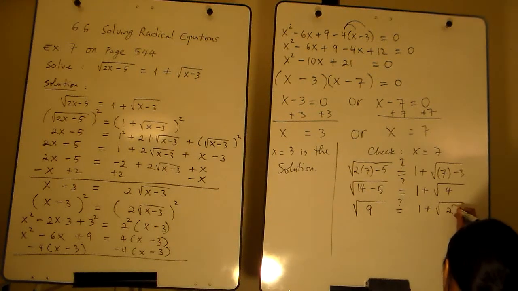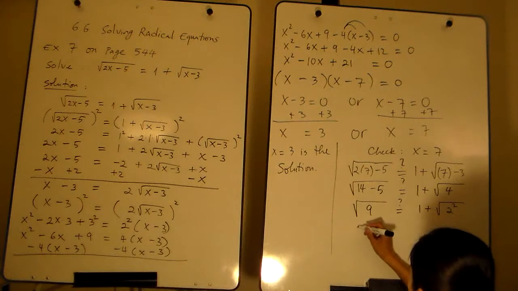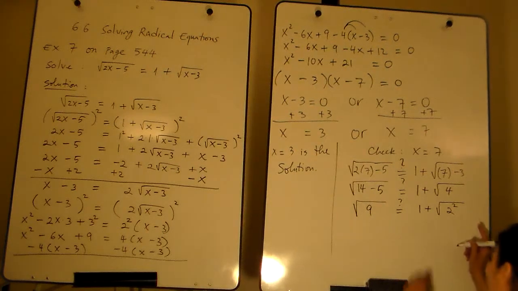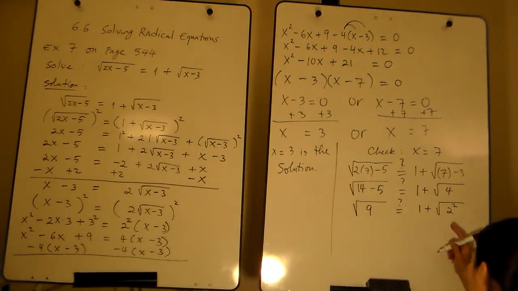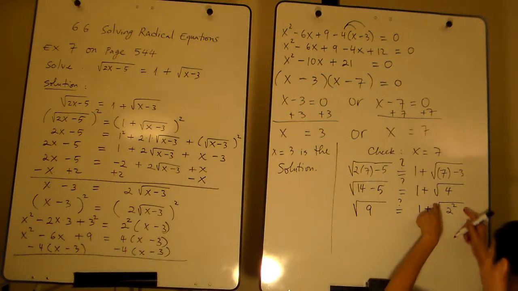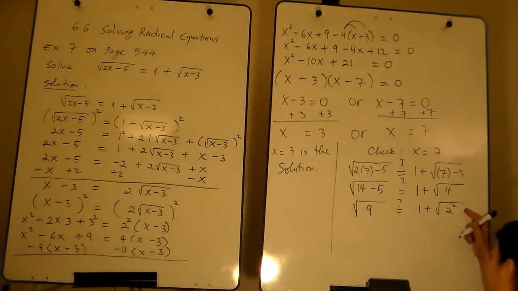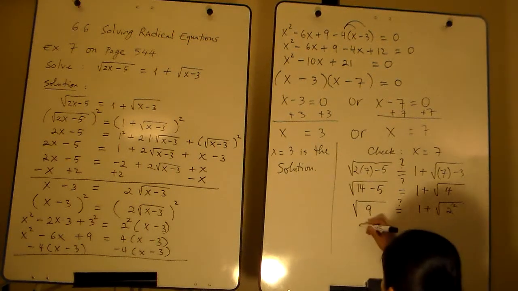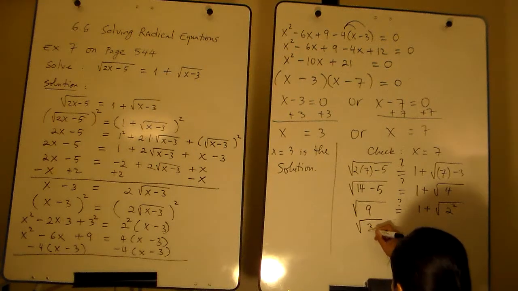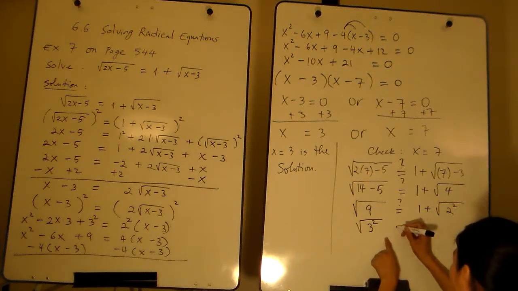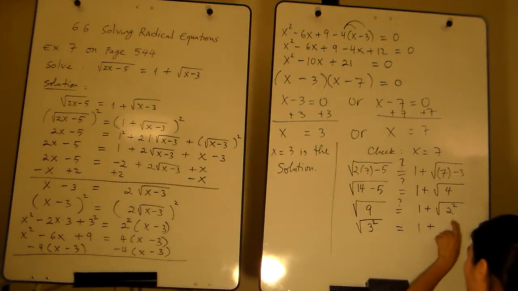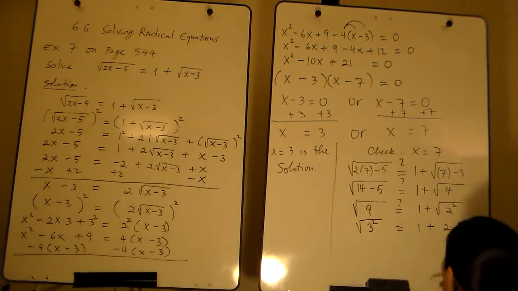Okay, so 14 minus 5 is 9, equal, question mark, 1 plus. Now, 4 is 2 squared. The reason I want to write 2 squared is because the index of this radical is 2, and if it matches this exponent 2, that means you can simplify this radical. Again, 9 is 3 squared. And then you have 1 plus. Now you can simplify this as 2.